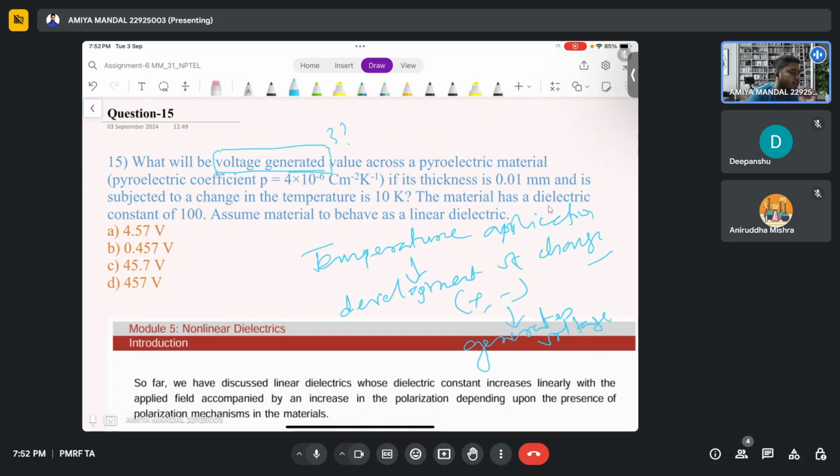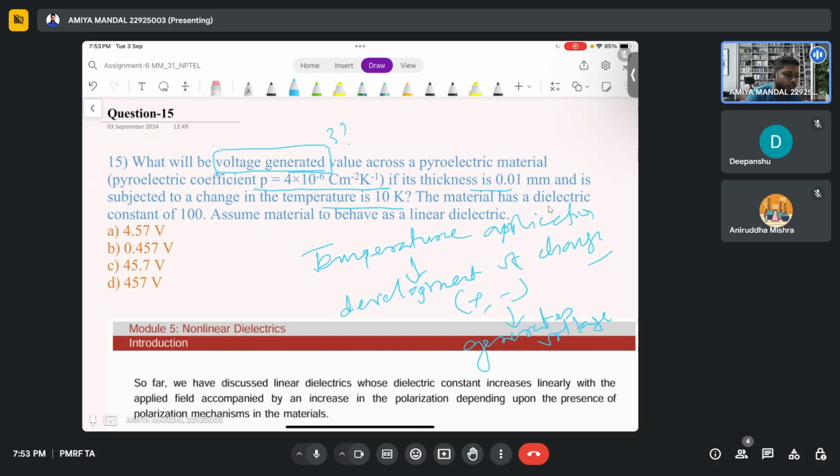What will be the voltage generated across a pyroelectric material? The pyroelectric coefficient is given, which is in Coulomb per meter squared per Kelvin, meaning per unit area, per unit temperature, how much charge is developed. Thickness is also given, and it is subjected to a change in temperature of 10 Kelvin.